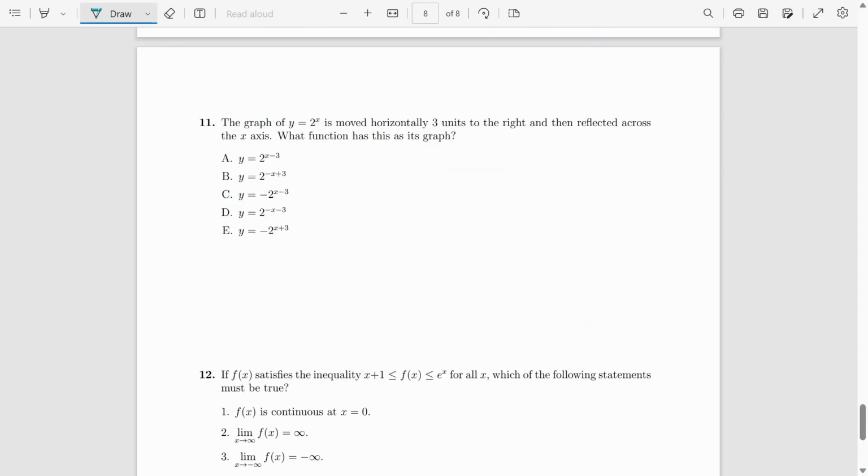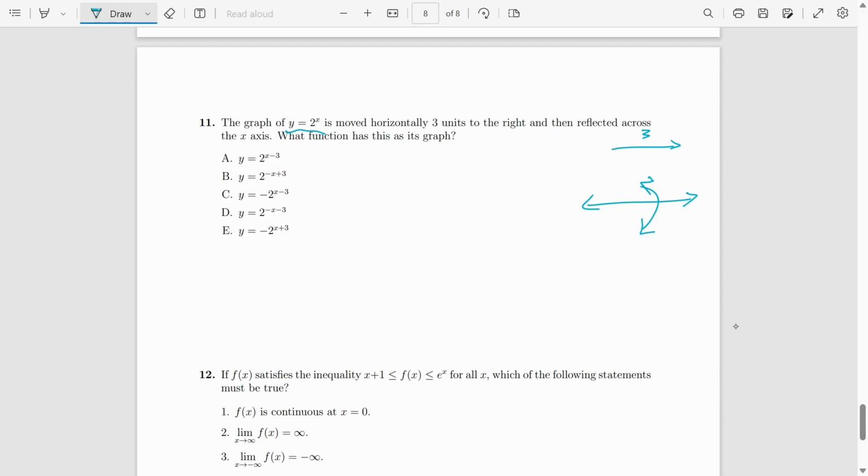All right, question 11. We are almost done. You have a graph, which I'll graph out later, and then it's moved horizontally 3 units to the right. So 3 units to the right. And then reflected across the x-axis. So the x-axis is the horizontal axis, and it's just flipping it.